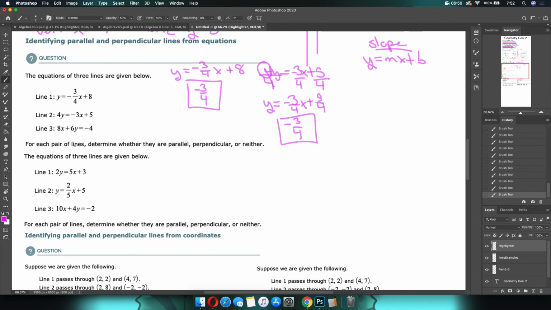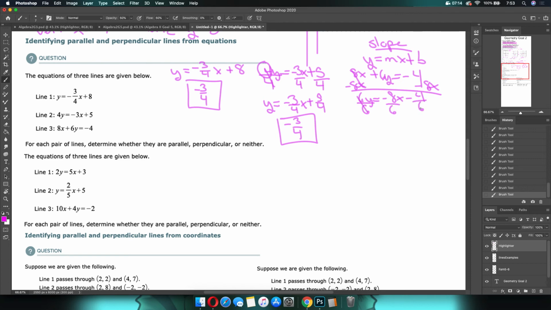Now I want to find out what my last one is. We have 8x plus 6y equals -4. Oh, Lord, that's nowhere near format. So we have a little bit of work to do. Let's practice some social distancing and move things around. Minus 8x, minus 8x. 6y equals -8x minus 4. Divide by 6, divide by 6.